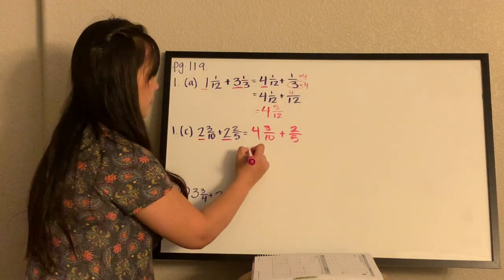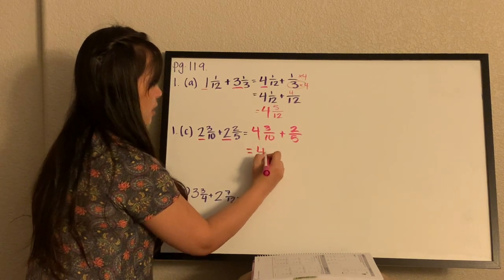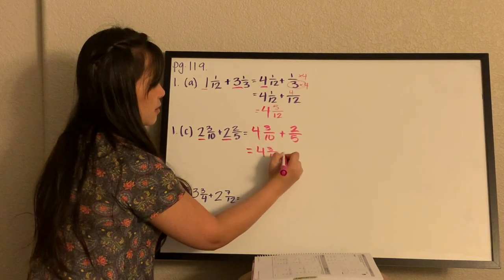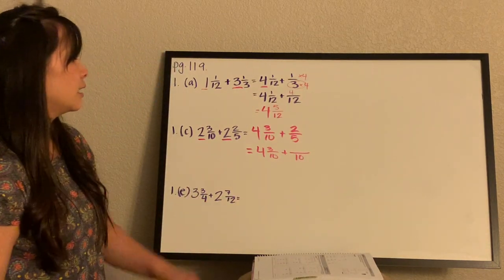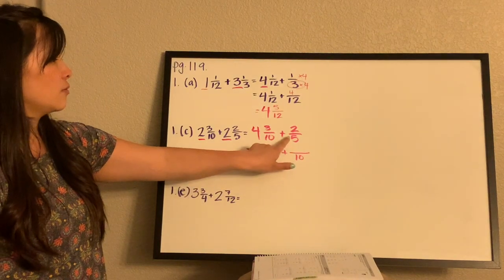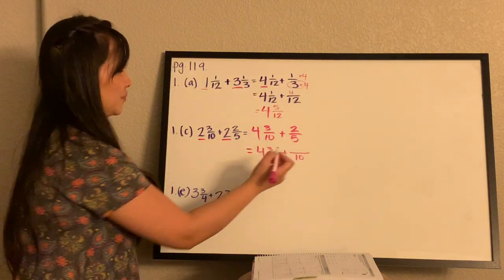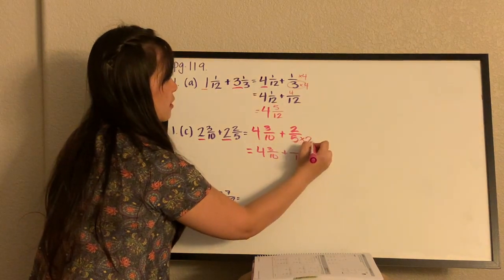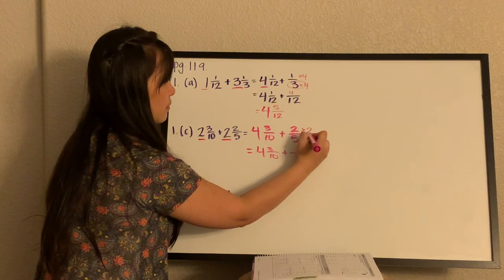Now we're going to keep the denominator as 10. For 3/10 plus, the denominator is 10, so we're going to keep the denominator as 10. So 5 multiplied by what equals 10? 2. Whatever you do to the denominator, you've got to do to the numerator.